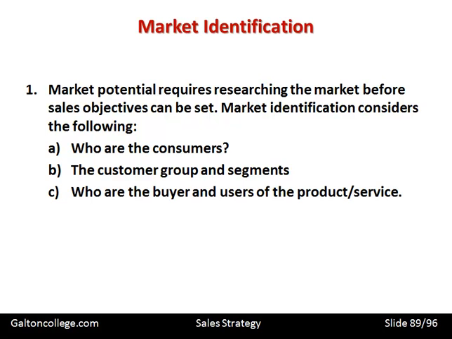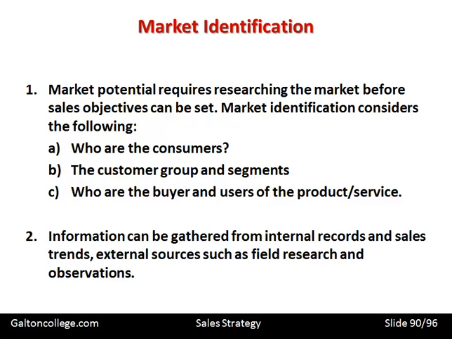Who are the buyers and users of the product? Who are likely to use the product in the future? The information can be gathered from internal records and sale trends, and also from external sources such as field research and observations, as I said earlier.